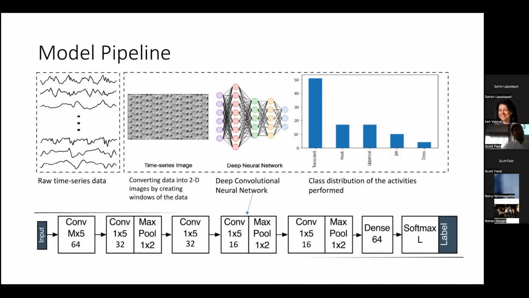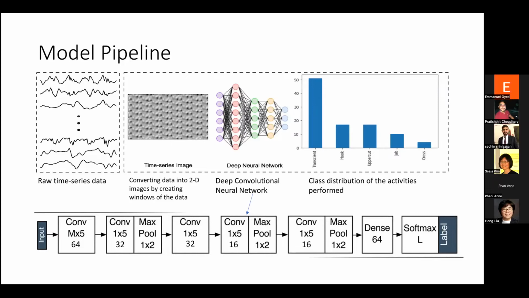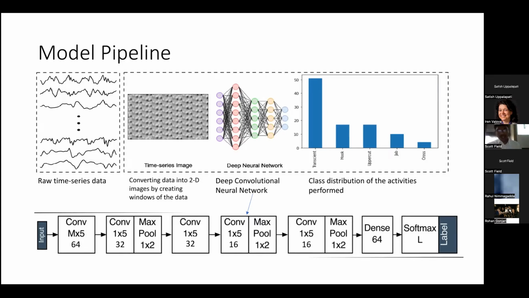I had recorded multiple sessions of the training, but I was able to get good data for about over 100 seconds. As you can see, the first pre-processing step is converting the time series data into images, and then it is passed into the neural network architecture, and then we predict the classes.